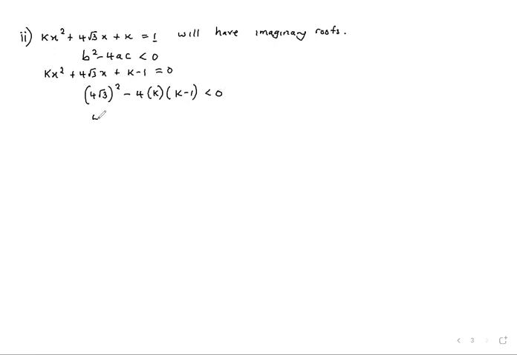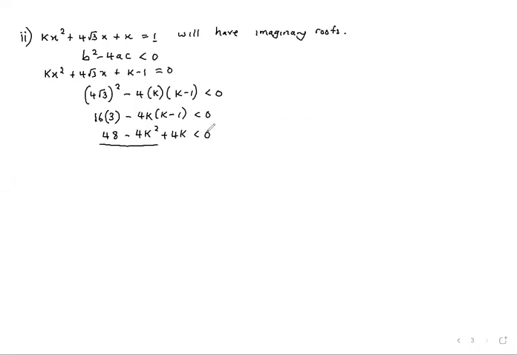So this is the same as 4 squared is 16, and √3 squared is 3, minus 4k multiplied by k minus 1. This must be less than 0. So we'll get 48 minus 4k squared plus 4k less than 0.